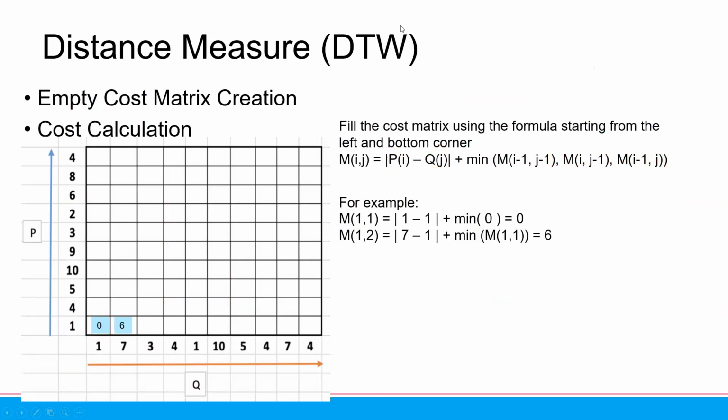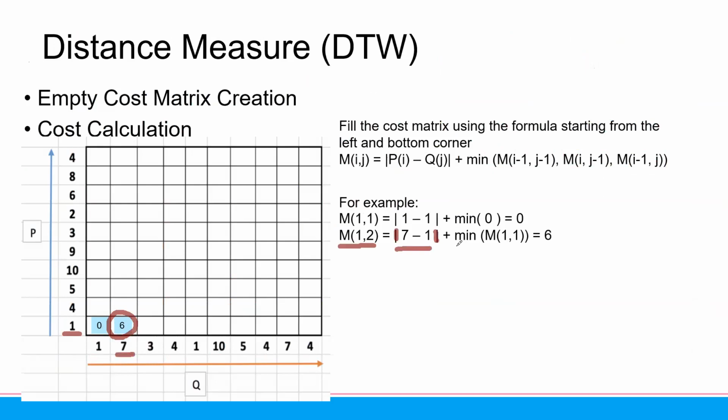Next, I want to check M1,2. Here we have P1 is 1, Q2 is 7. Then 7 minus 1, we take the absolute value, so the result is 6.